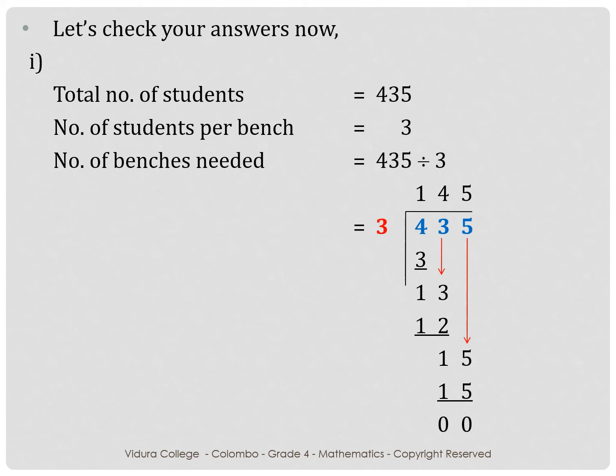Third statement should be number of benches needed equals, as shown, you want to write 435 divided by 3. So, in the next line as shown, using the long division method, you want to divide 435 by 3. So, the answer should be 145 and no remainders.